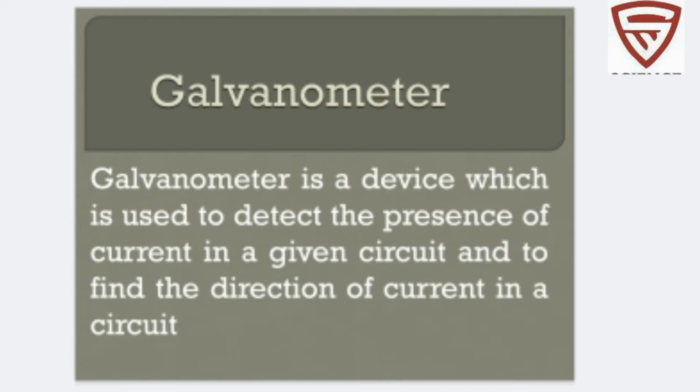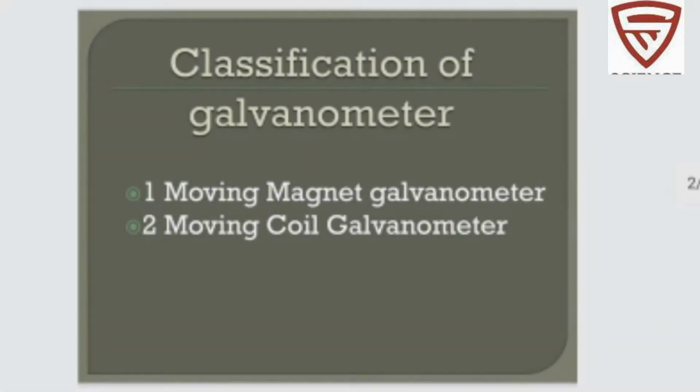So students, first we will discuss what a galvanometer is. A galvanometer is a device which is used to detect the presence of current in any given circuit and to find the direction of current in the circuit. We can classify galvanometers into two major groups.